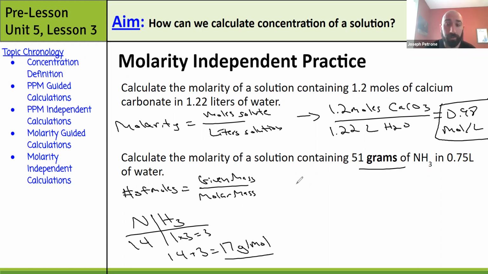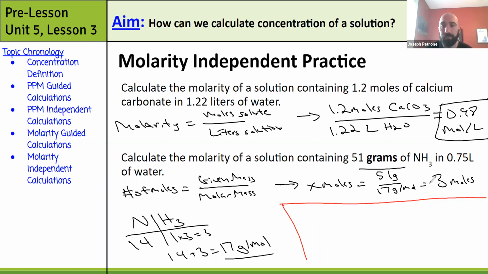To determine our number of moles, we get X moles equals 51 grams over 17 grams per mole, which gives us 3 moles of NH3. So we now know we have 3 moles of ammonia.